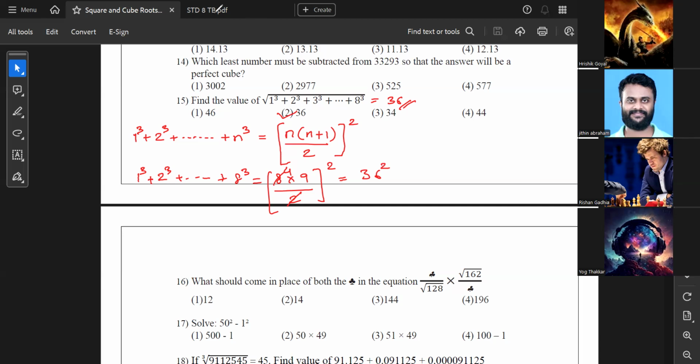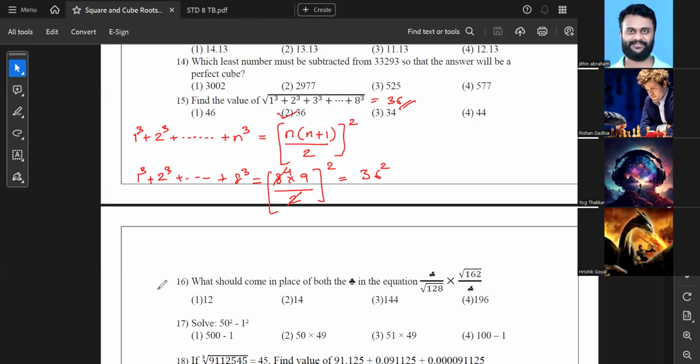Rishik, tell me. Is this formula given in the book? No, it's not given in the book. So I believe you might have noted this down.